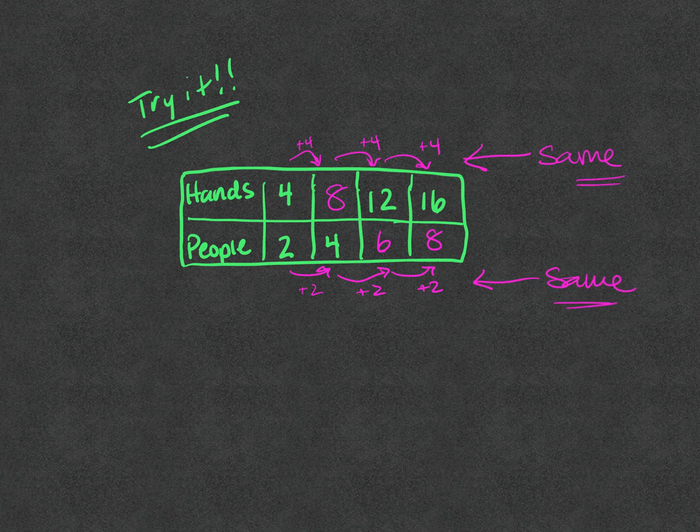So I added 4 on the top, and I added 2 on the bottom. It's a little bit different when it comes to multiplication. You also need to write out the equivalent ratios, which would be 4 to 2, comma, 8 to 4, comma, 12 to 6, comma, and 16 to 8. And this would be your answer.